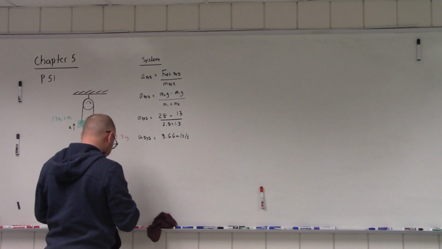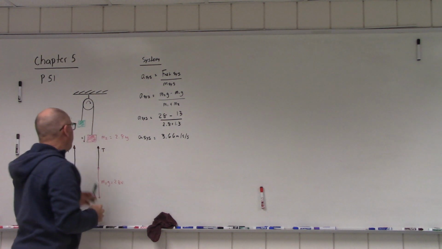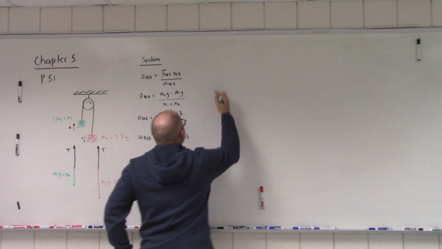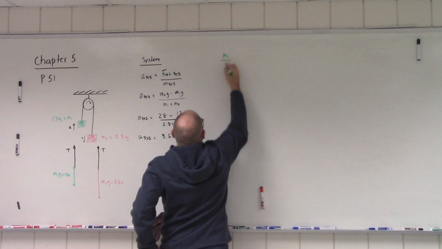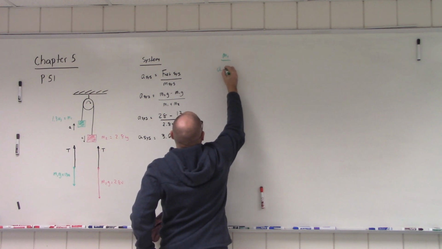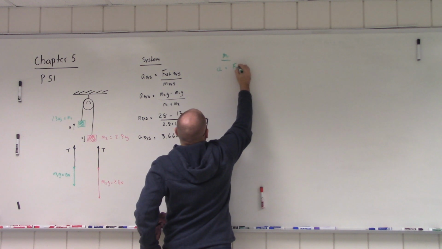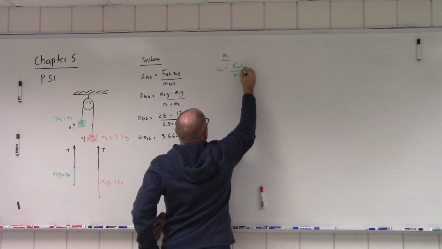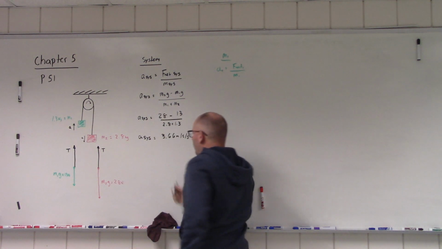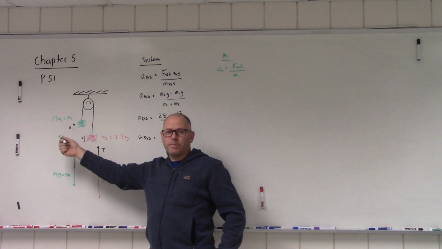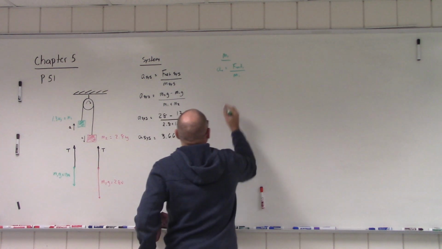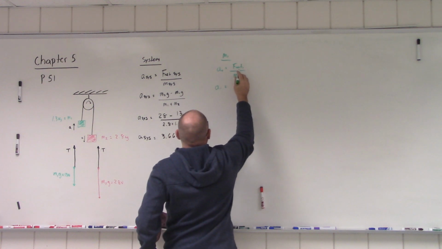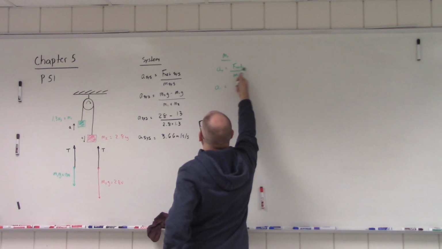Now, the next question is to find the tension in the cable or the rope. So let's do the green block, M1. The acceleration of 1 is equal to the net force on 1 divided by the mass of 1. I know that the acceleration of the system is the acceleration of block 1. That's the cool thing. So for acceleration 1, we're going to put 3.66 in. How do I express the net force?